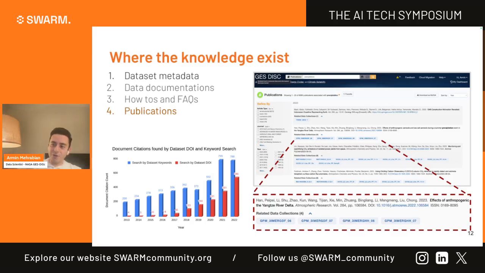A lot goes into how we collect all these citations and how we know what was used in those publications. In the bar chart on the left, you can see the growth of the citation of our data sets within publications.